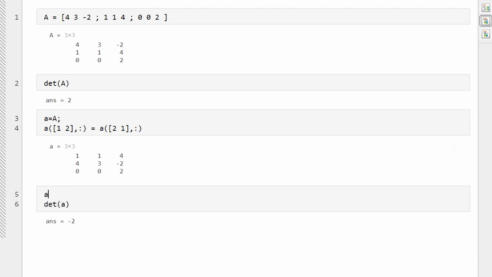Let me jump in here and do the next thing which we want, which is to take row 2 minus 4 times row 1. So we're going to have row 2 equals row 2 minus 4 times row 1.